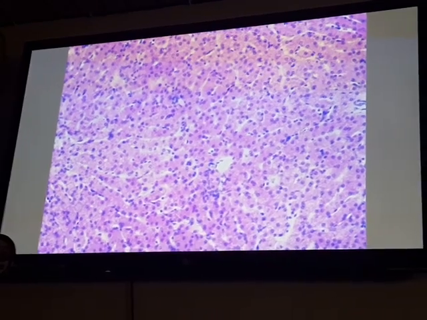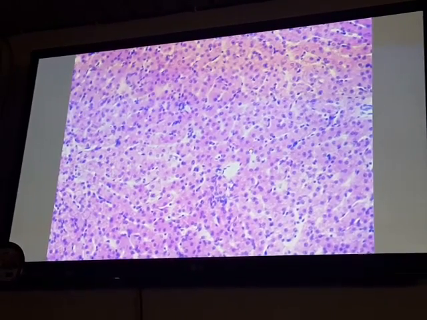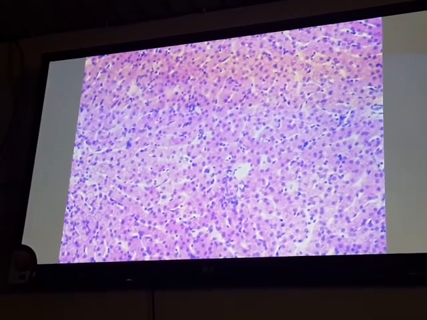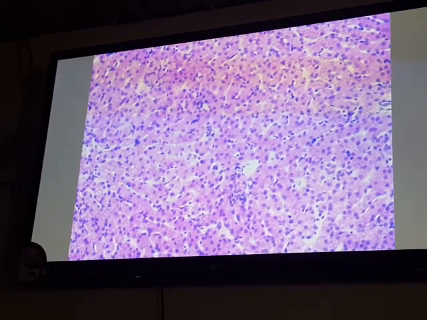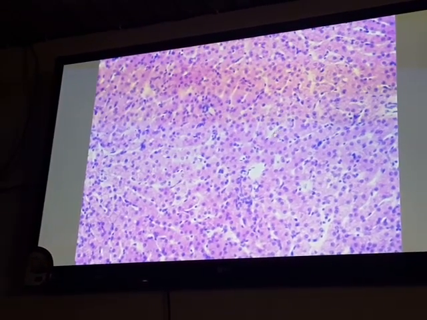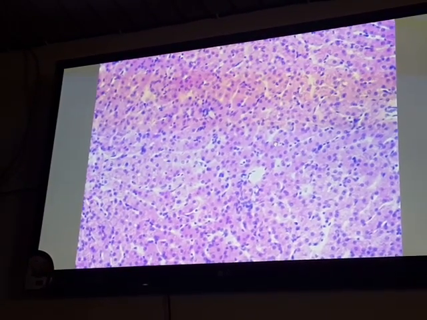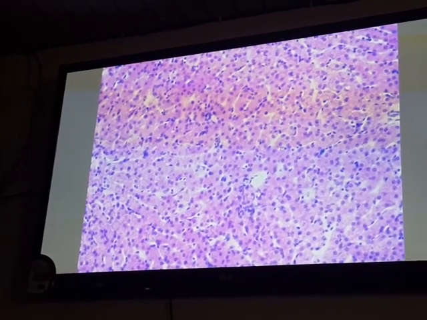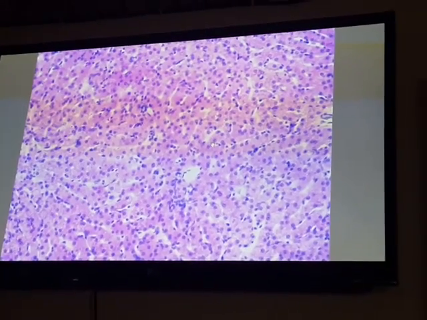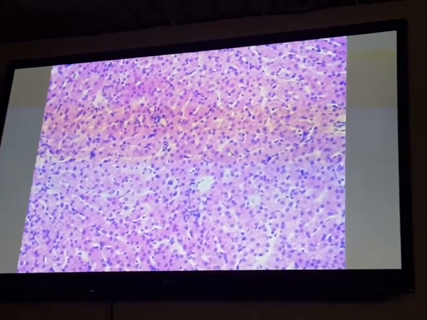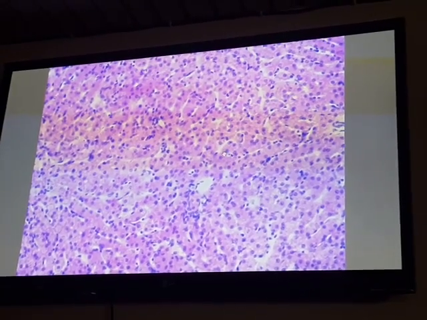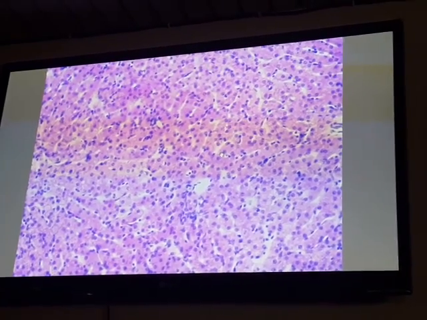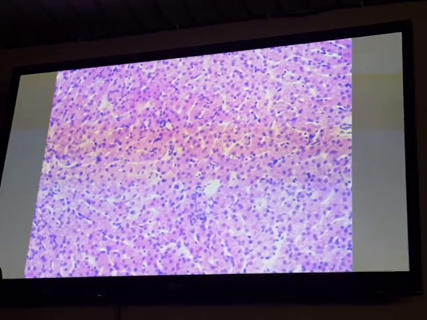In this slide, we will examine 3 types of cells. First type is the hepatocytes. These cells are polyhedral in shape with rounded nuclei and acidophilic cytoplasm due to the large number of mitochondria and smooth endoplasmic reticulum.